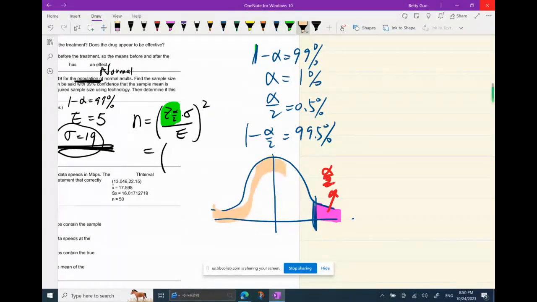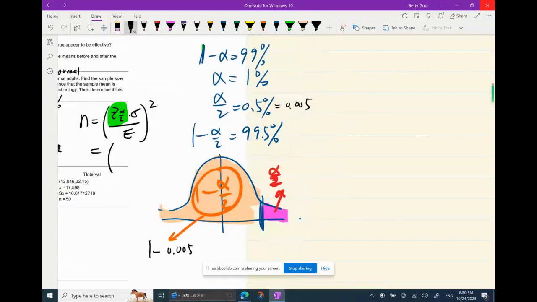This orange region has area 1 minus alpha over 2, which is 99.5%, or simply 1 minus 0.5%, right? So if alpha over 2 is 0.005, then the orange region would be 1 minus 0.005. Yeah, that's correct. All right, calculator. Let's go to inverse normal.